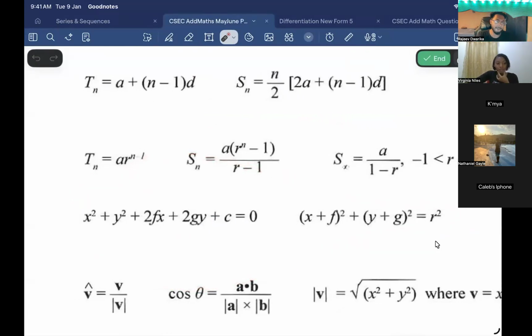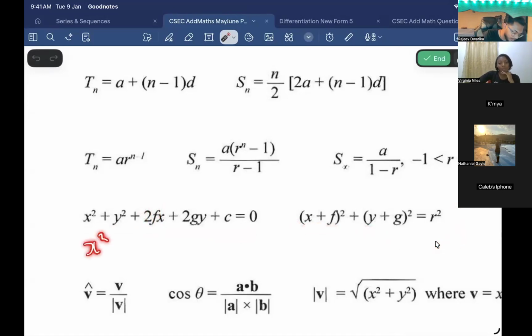Isn't it just a variable, or does it have like a significance? It's just a variable. But I typically prefer this way, because if you say 2fx over here, it's a direct linkage to the standard form, because in the standard form it's x plus f squared, y plus g squared.